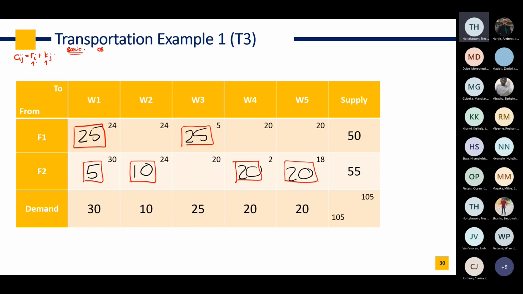So when you go ahead and do everything, you will end up with, remember, 24 times 25 plus 25 times 5 plus 5 times 30 plus 10 times 24 plus 20 times 2 plus 20 times 18, and that will give you your cost. So when we're working out our row values and our column values, they are connected to what's happening in the objective function and the current solution situation.